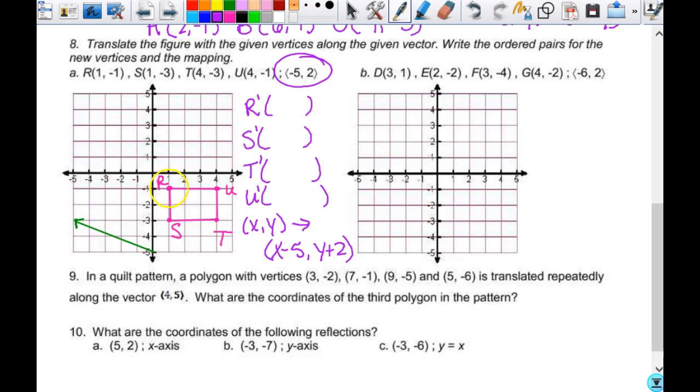So to get R prime, I'm going to go left 5 and up 2. That's R prime. S, I'm going to go left 5 and up 2. That's S prime. Go left 5 and up 2. T prime. Left 5 and up 2. U prime.